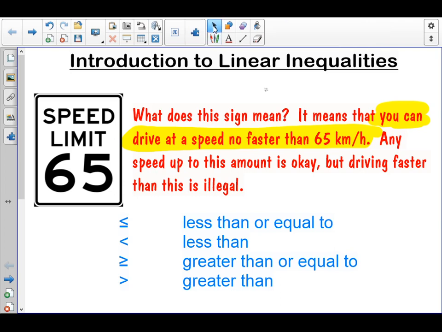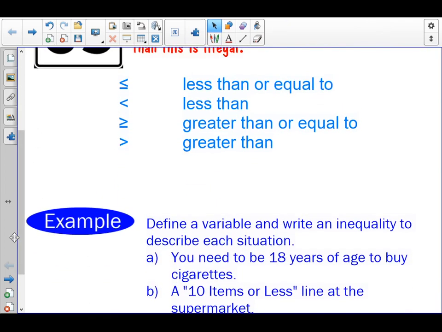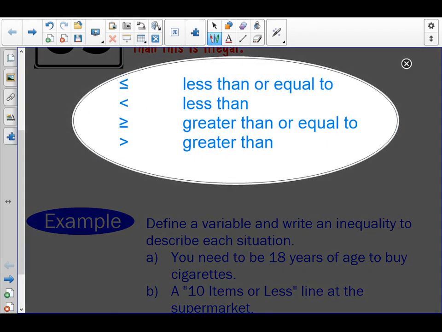So when we talk about inequalities, there's 4 of them that are really important. And this is something that even grade 11s and 12s sometimes have to spend a little bit of time thinking about. What does less than or equal to mean? What does less than mean?